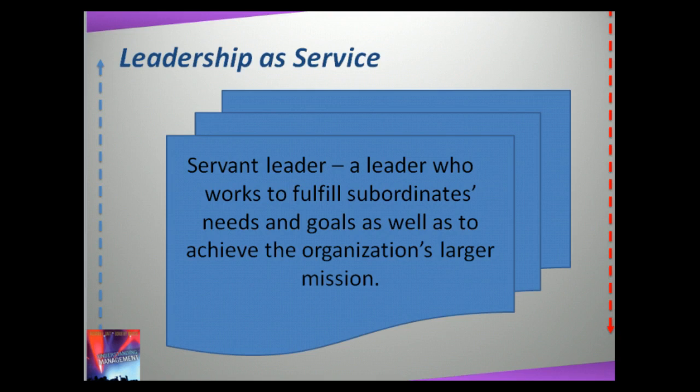Increased power for the leader makes it easier to influence their subordinates to carry out requests. Other benefits derived from development and empowerment of subordinates have been demonstrated to have great results. So that's servant leadership.